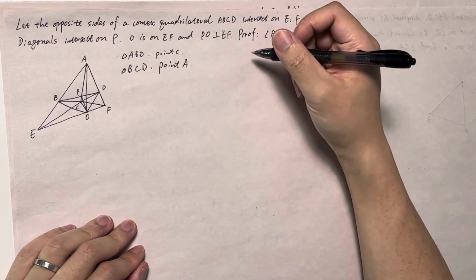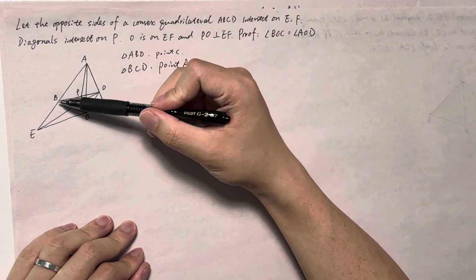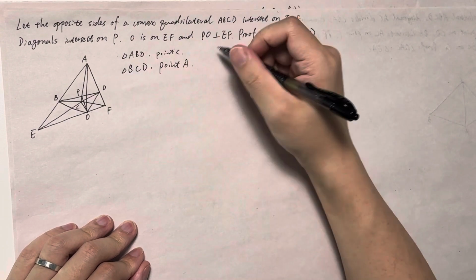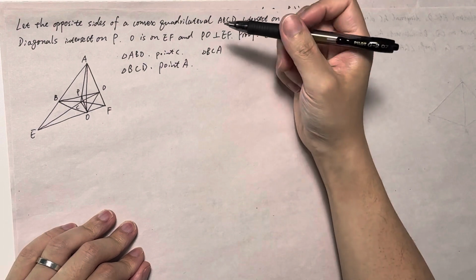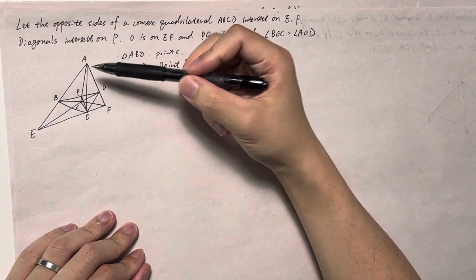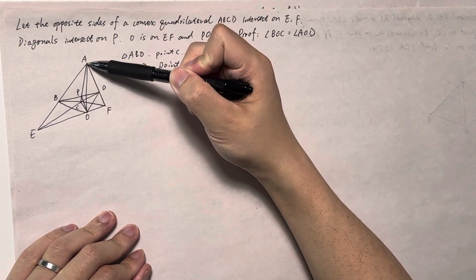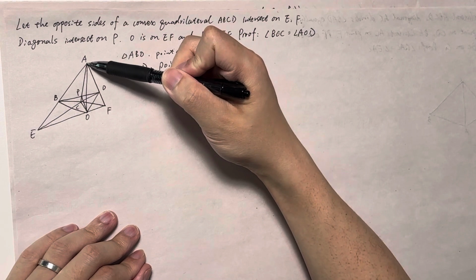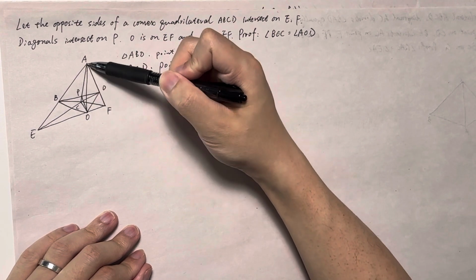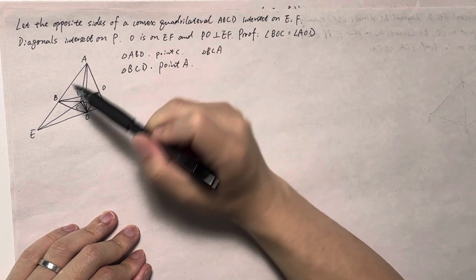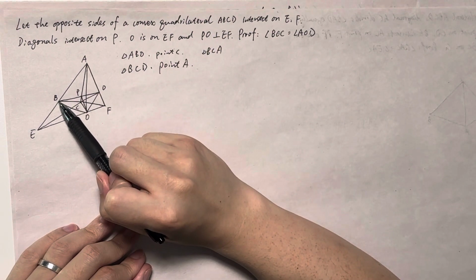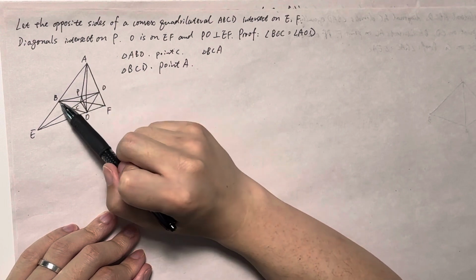What else? If we look at the triangle BCA, we draw a line from vertex A to the BC side, that's AF. And we draw a line from vertex B to the CA side, that's BD.